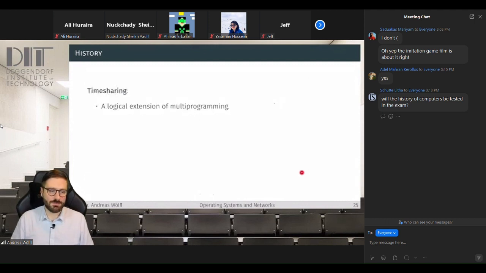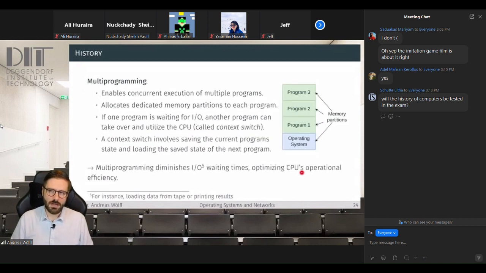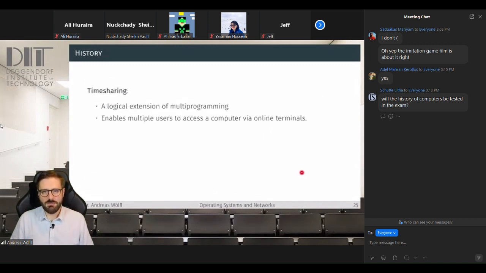The next concept is time sharing, and it's a logical extension of multiprogramming. With multiprogramming, we allow multiple programs to be in main memory at once. In time sharing, we enable multiple users: multiple users using the same machine, with multiple programs being in memory at the same time. The idea of time sharing is that it enables multiple users to access the computer via online terminals.